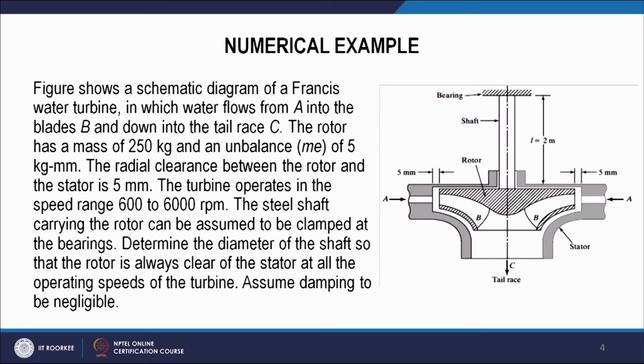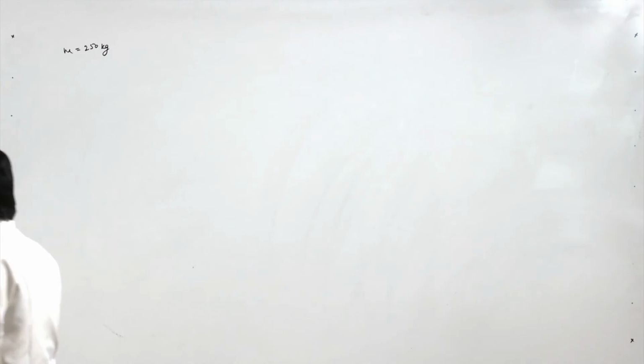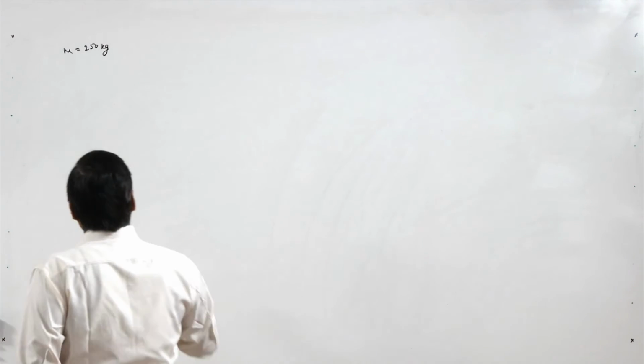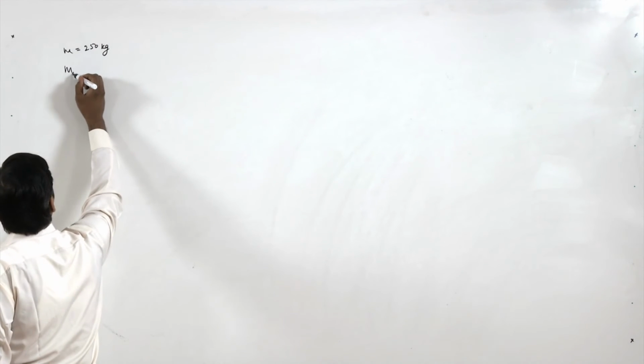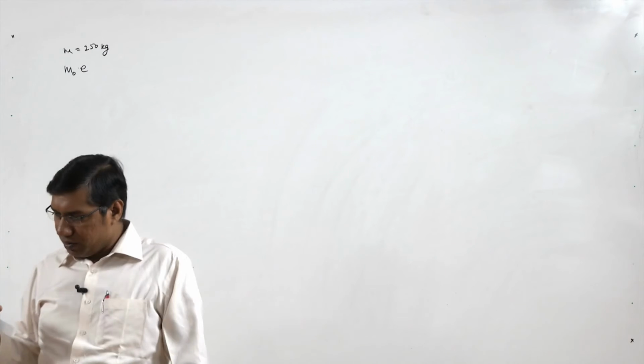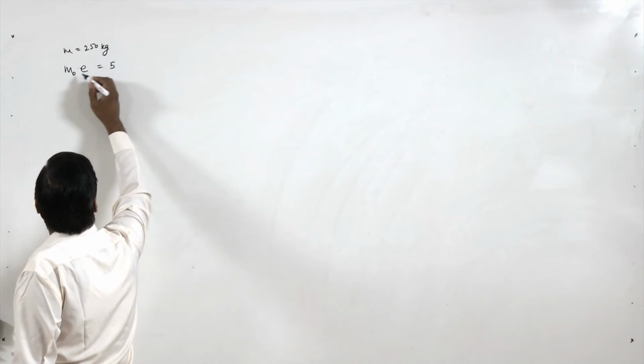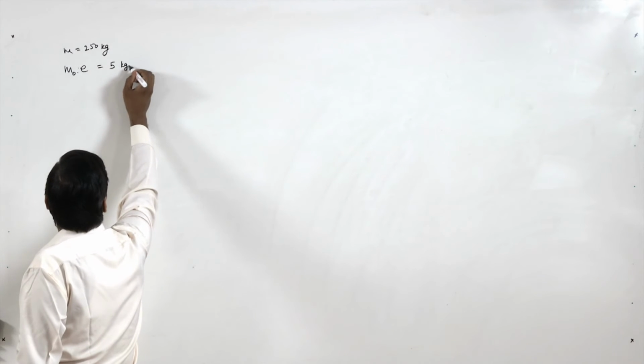So it means the rotor has a mass, this is the total mass of the system, so m equals 250 kg, and an unbalance m0 e. Here we took m0 as the unbalanced mass and e the distance from the axis of rotation. So m0 into e equals 5 kg mm.